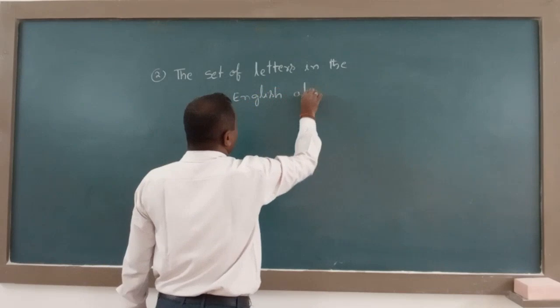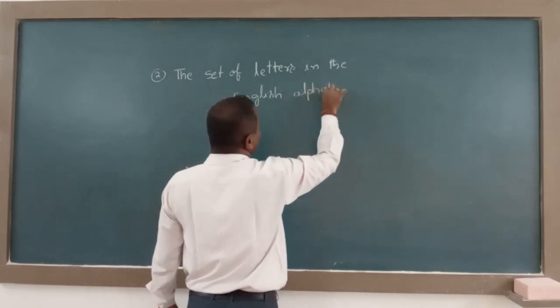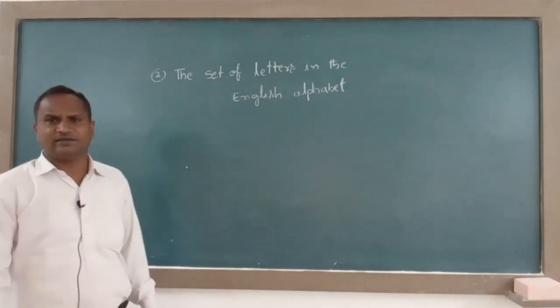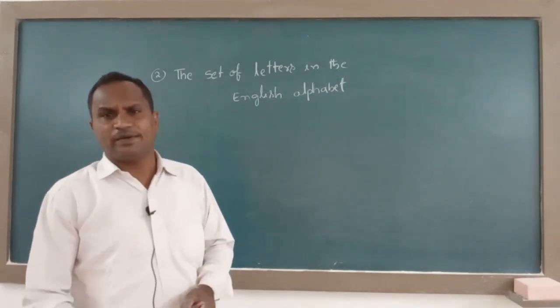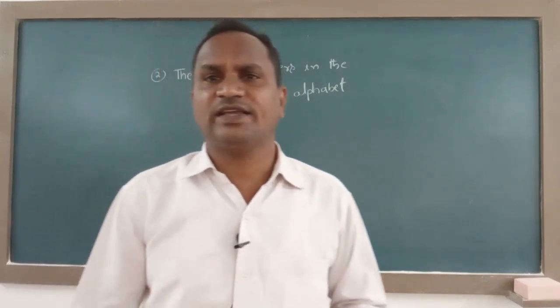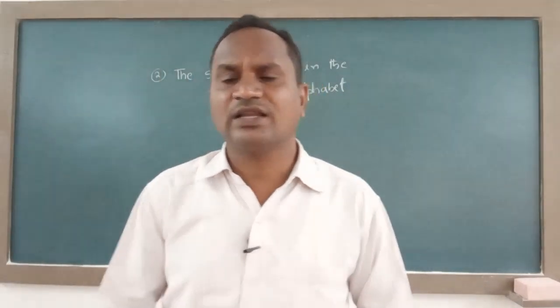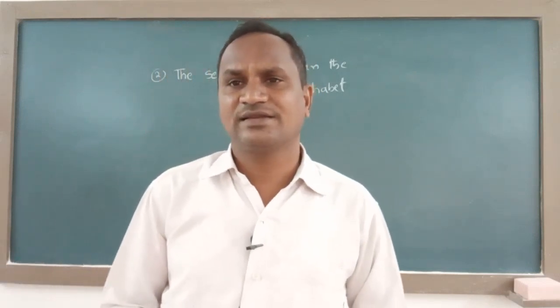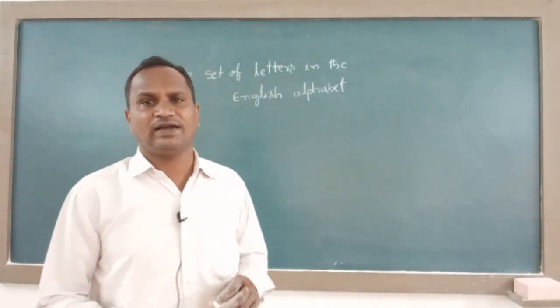It is a finite set, easily we can tell. In the English alphabet there are 26 letters. 26 means easily we can count them. Easily we can count them means the set contains a countable number of elements. That's why the given set is a finite set.